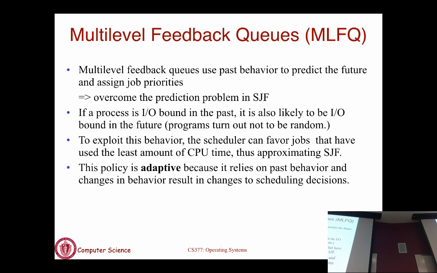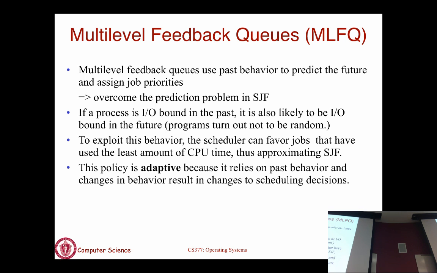The next policy we are going to look at is called multi-level feedback queue. That's basically an acronym for this policy: MLFQ. This policy does exactly that. It tries to overcome the prediction problem of shortest job first. The question is, how are you going to do this? The approximation you make in MLFQ is this: you need to know the future.